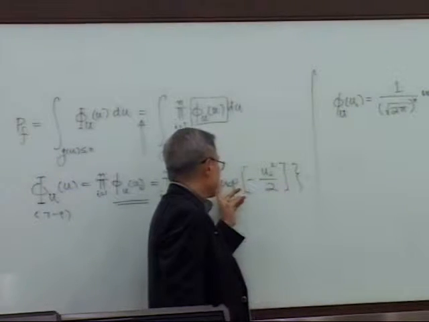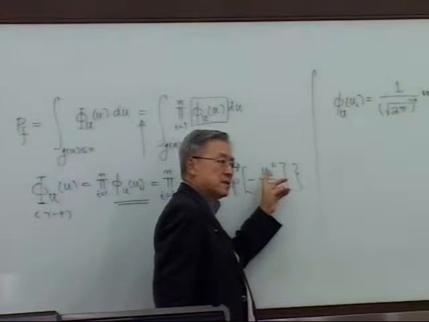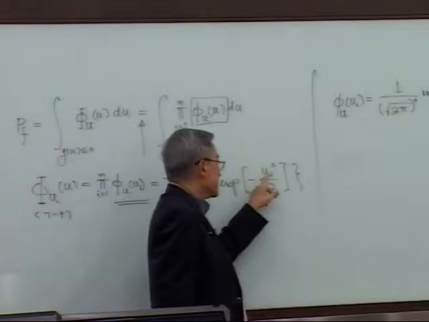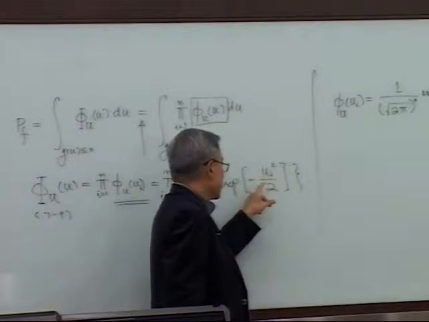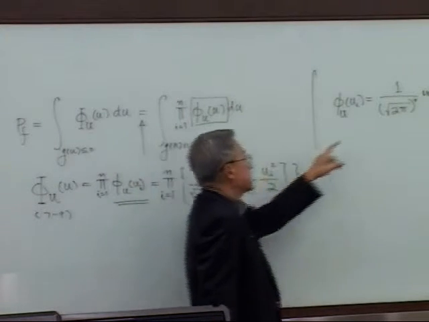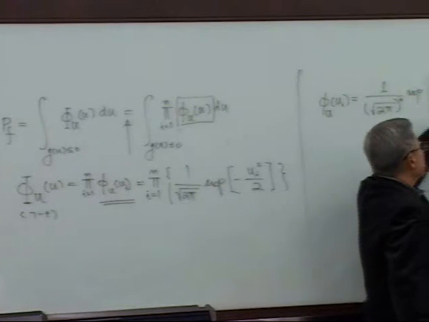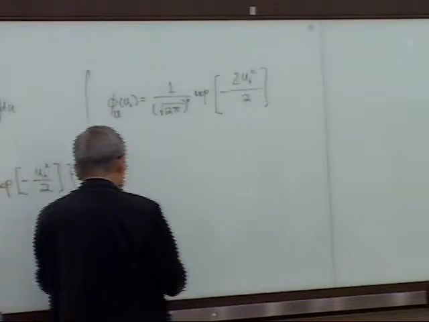So for the exponential function, you can add the exponents. So if you keep adding it, then you can drop this. That's what you have there, u_i squared.